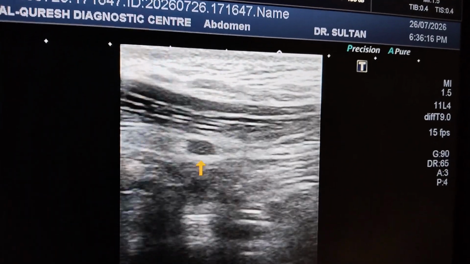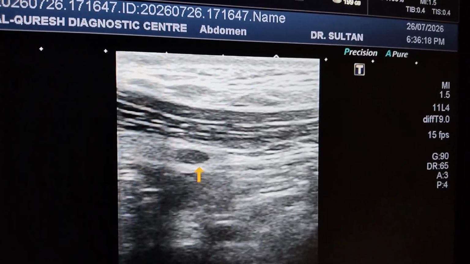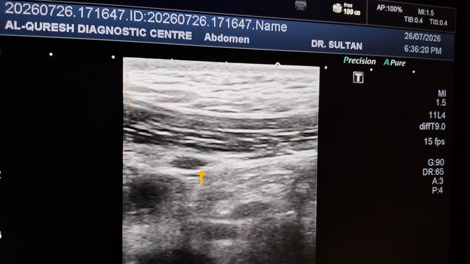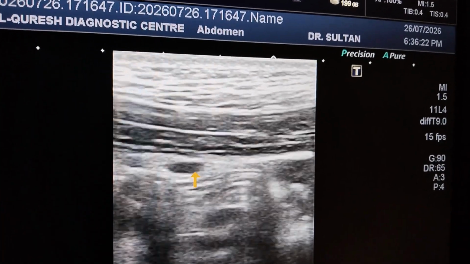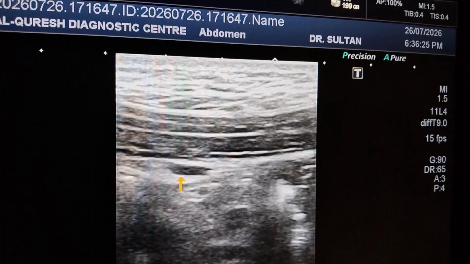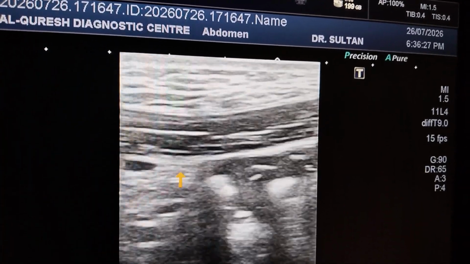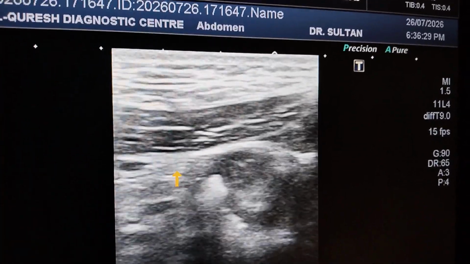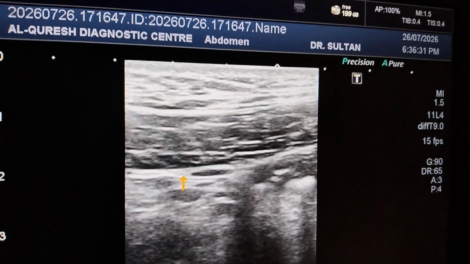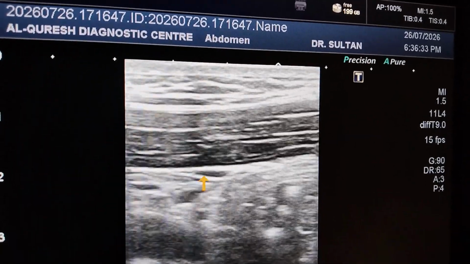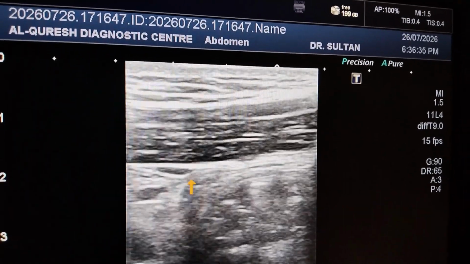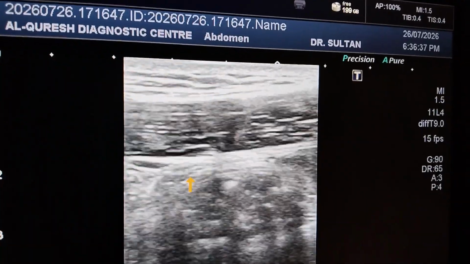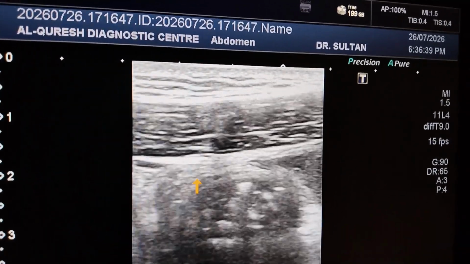Now I have placed the probe in the midline at the umbilical region, and I am going downward following this sinus tract. We can appreciate this track coming. I am dragging the probe downward.